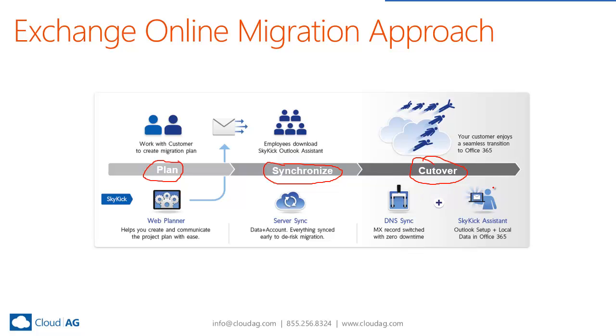The tool that we use automates that cutover process, where it will automatically make the necessary DNS record changes. It will even reconfigure the user's desktop, so if they're using Outlook, for instance, it will reconfigure Outlook to point to the new mail environment, and it takes a lot of the burden off of IT as far as doing this overall migration.